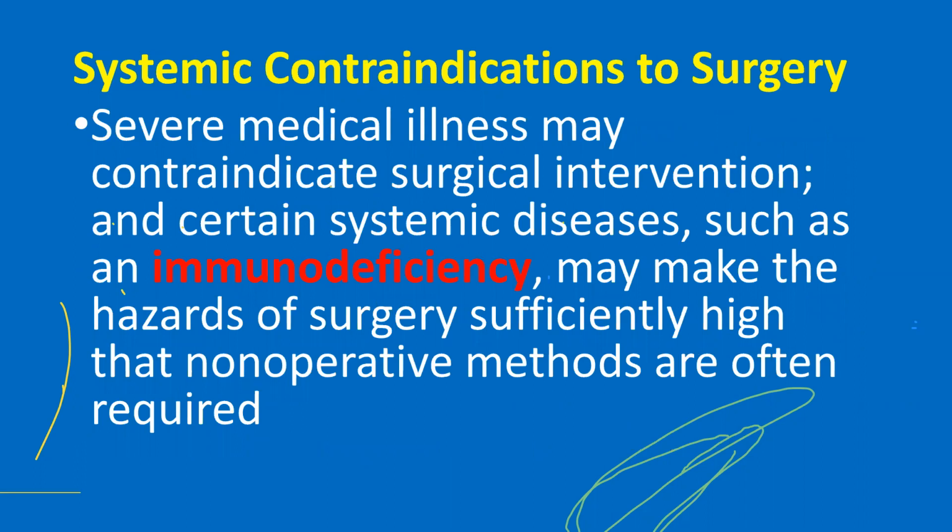Systemic contraindications to surgery: severe medical illness may contraindicate surgical intervention, and certain systemic diseases, such as immunodeficiency, may make the hazards of surgery sufficiently high that non-operative methods are often required.